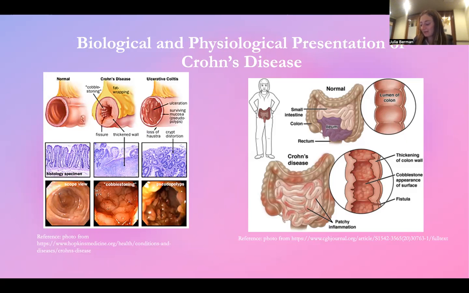And it's also interesting to consider how the biological mechanism behind Crohn's disease is also quite environmental. The gut microbiota, each individual has a unique microbiome in the gut. And this is altered in Crohn's disease.